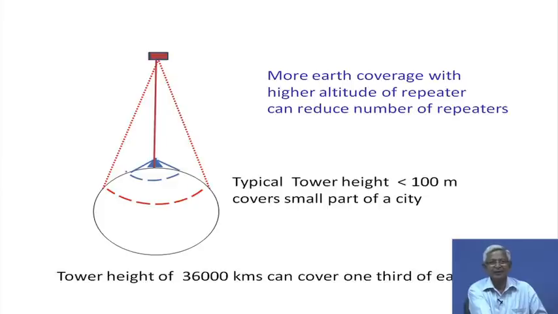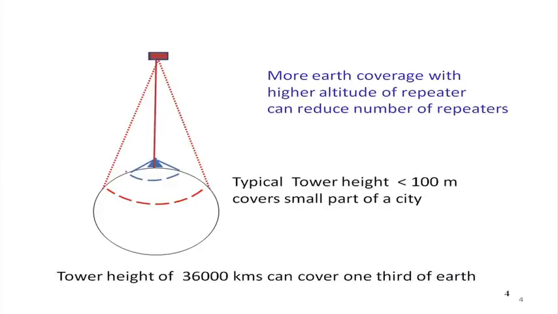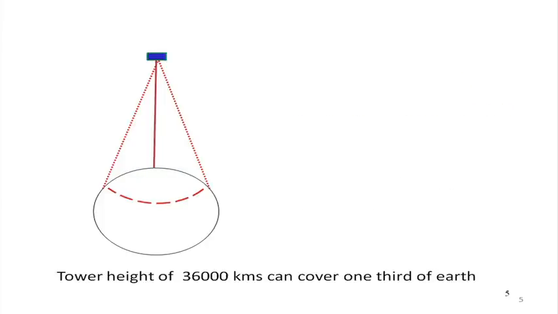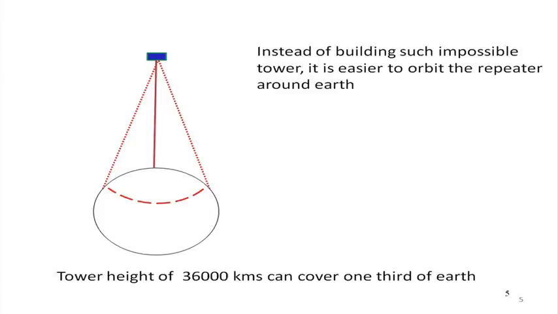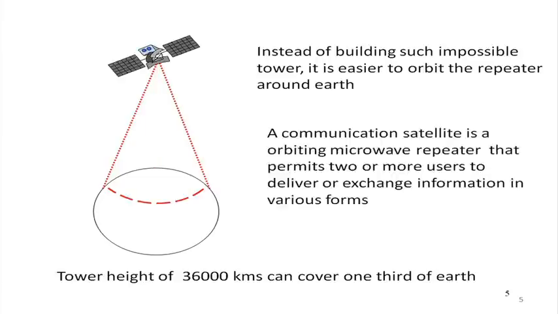We will do all the calculation later. Today we are just giving some numbers. Now, such an impossible height of a tower cannot be realized with today's technology. So, what do we do? We float the repeater. We float the repeater by the name of communications satellite, and it will be orbiting around the earth.